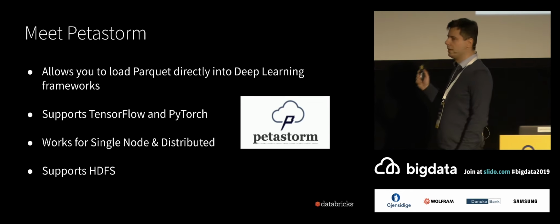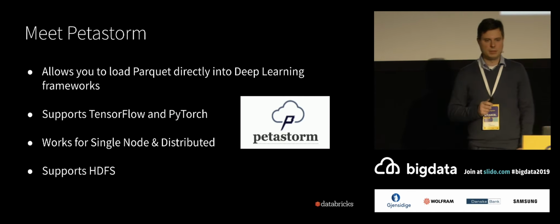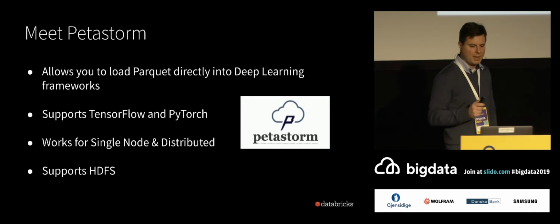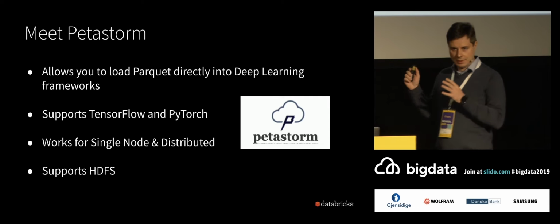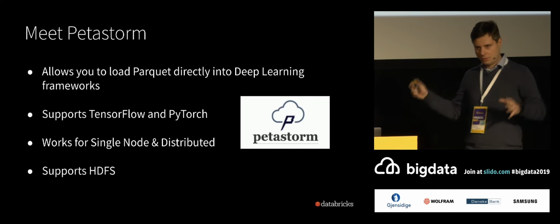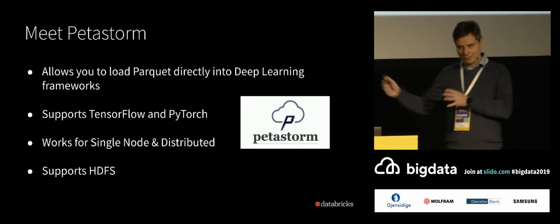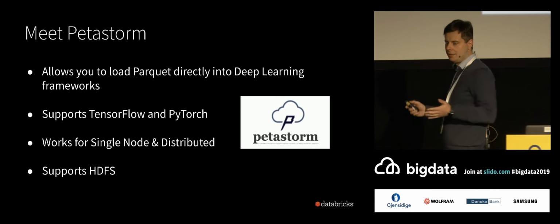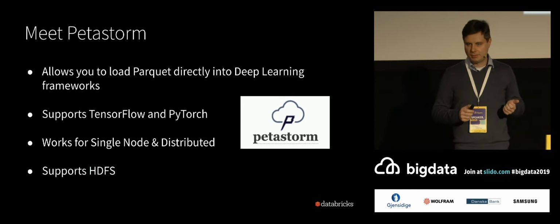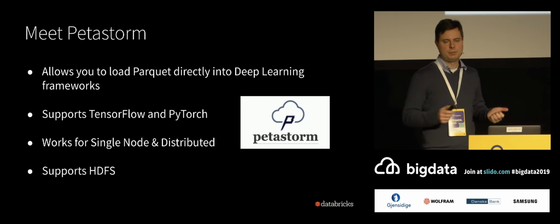It's a really nice open source library, developed by Uber. And this library can help us close the gap between TensorFlow, or deep learning and the Python world, and the big data world. Because what are we usually doing in big data? We are using Spark, maybe Flink, maybe something else, but at the end we are working with big data formats like Parquet.